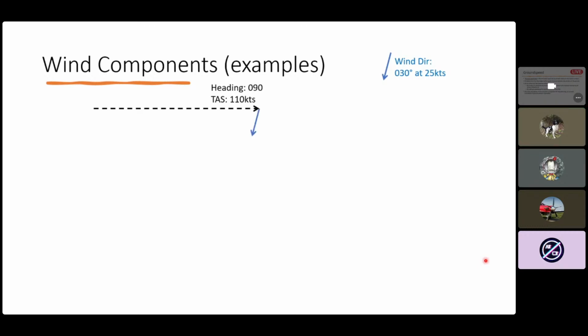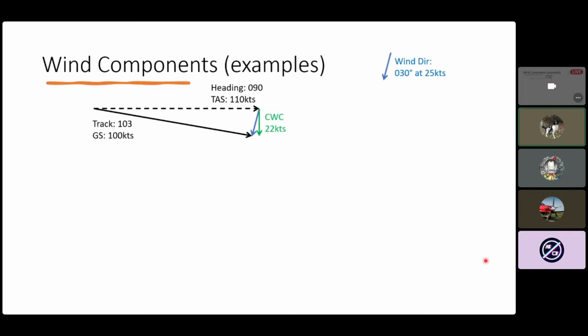Absolutely. So if we draw this out as a vector diagram, remember high school maths, this is as advanced as it gets. Then we draw it from our origin to the nose of the wind vector, and that will give us our track. So we will be tracking to the right, but our ground speed will be less. The reason for that is most of the wind coming at us is a crosswind.